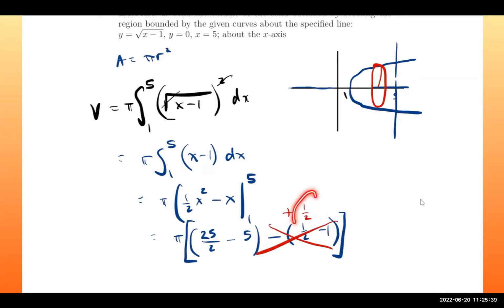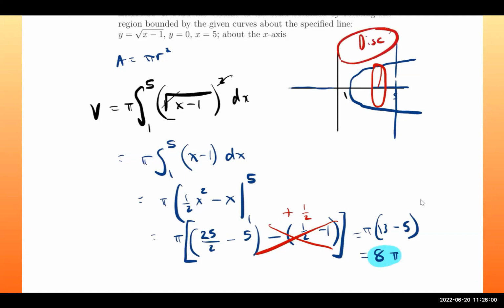And if you add 1/2 to 25 over 2, that's 26 over 2, which is 13. So it's 13 minus 5 times pi, which is 8 pi. All right, so that was an example of a disk for the cross section.